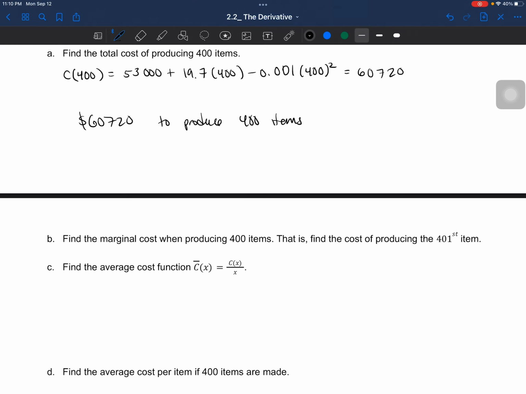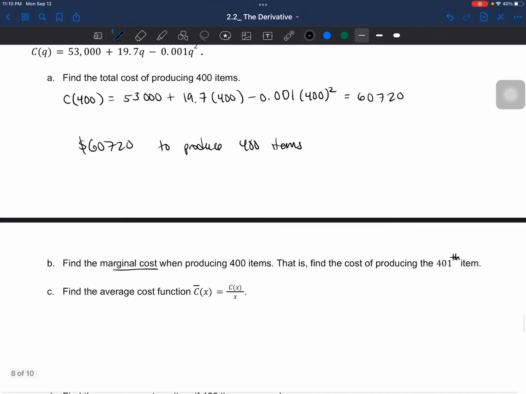The next question is asking us to find the marginal cost when producing 400 items. This translates to finding the cost of producing the 401st item.